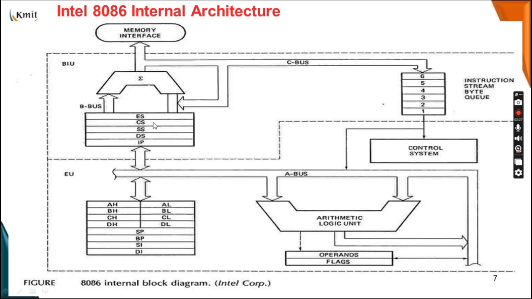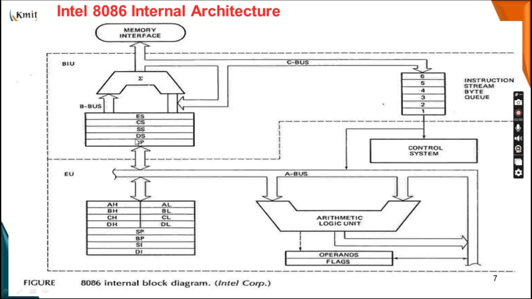Here we also have ES, CS, SS and DS, which are the extra segment, code segment, stack segment and data segment. These four are the memory segment registers. Getting the point here? They are not the memory.